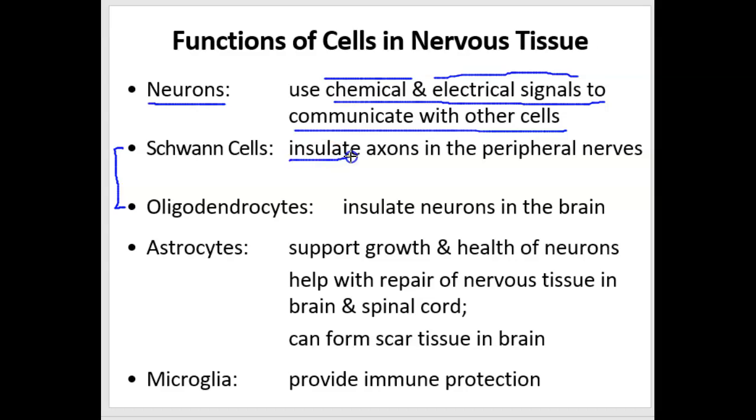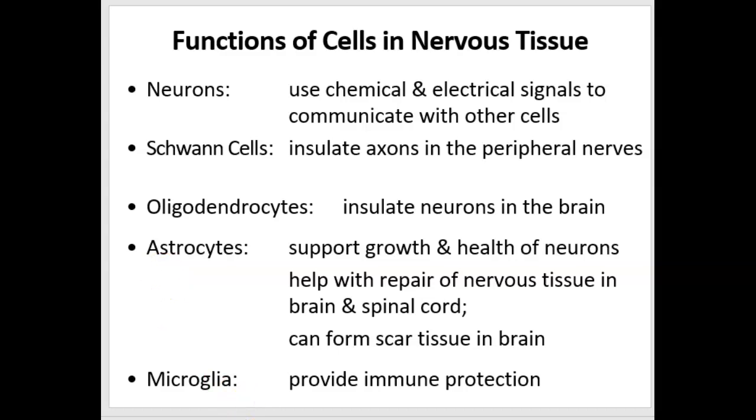They both insulate axons to make sure that electrical signal does not dissipate. It stays within the axon. The major difference between these two is where they're located. Schwann cells are in peripheral nerves, and oligodendrocytes are located in the brain.